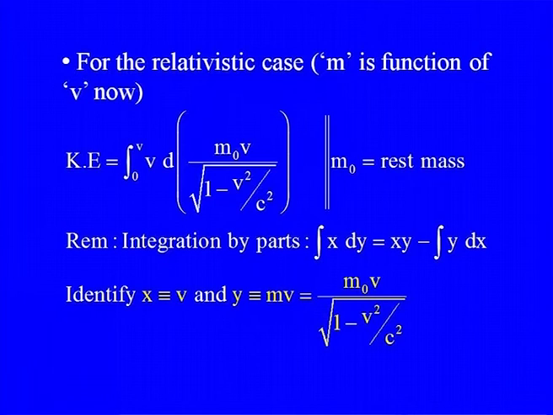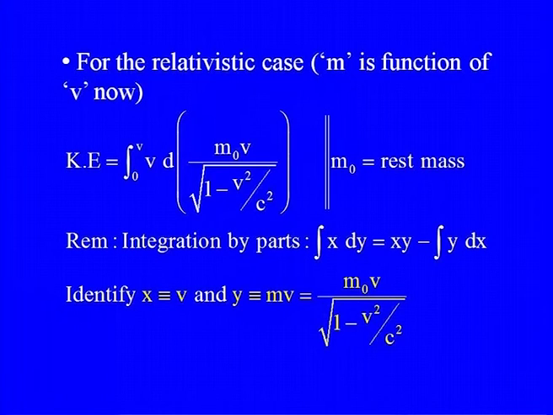Now, this might look a bit complicated, but we do have a thing called integration by parts in mathematics, and so I think it's a proper case to utilize such a trick. So, what is this integration by parts? If you have an integration of x dy, where y is some complicated function, then it is nothing but xy minus the integral of y dx.